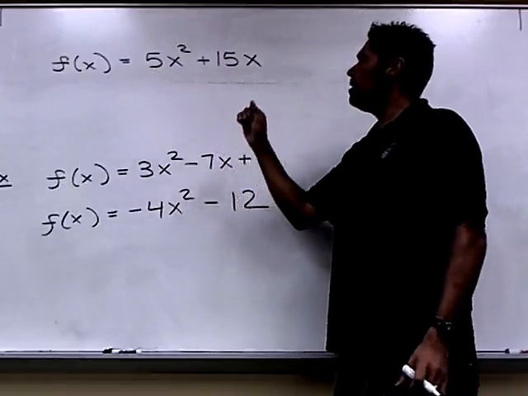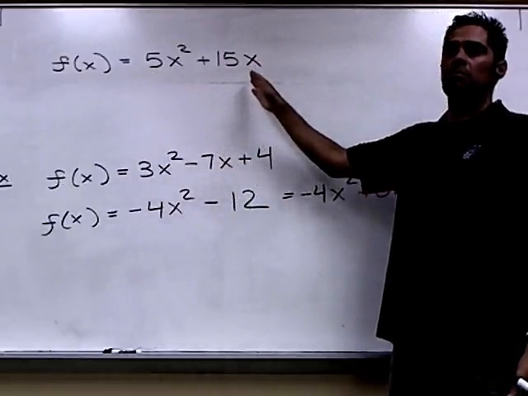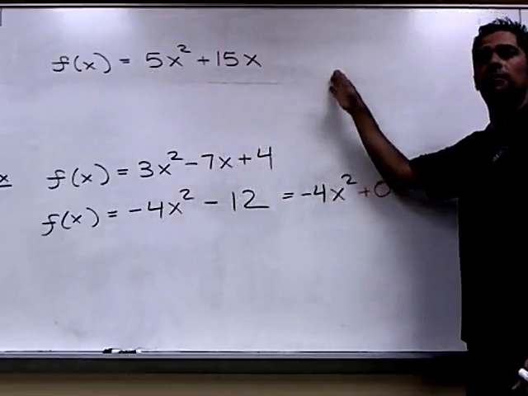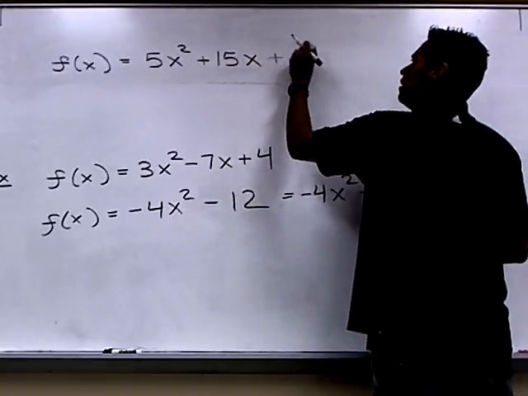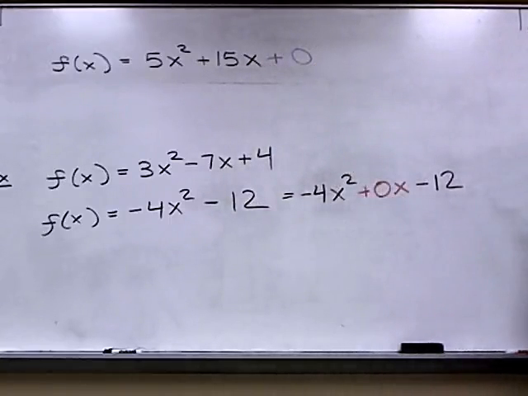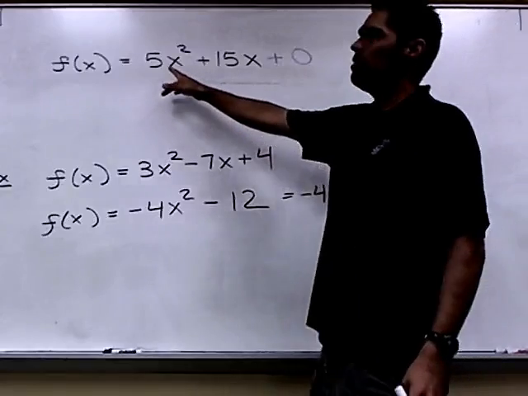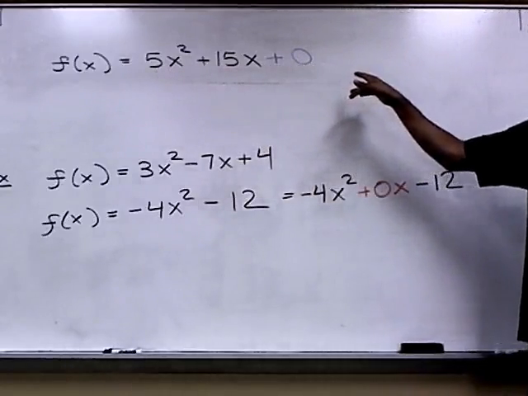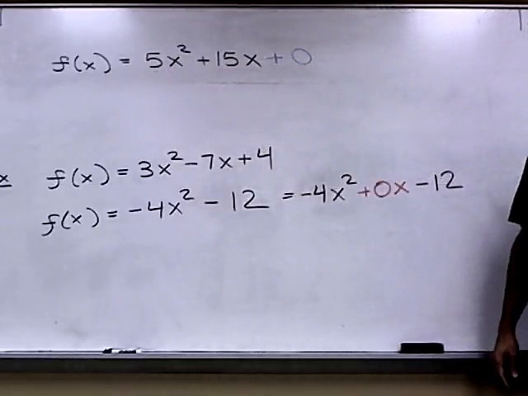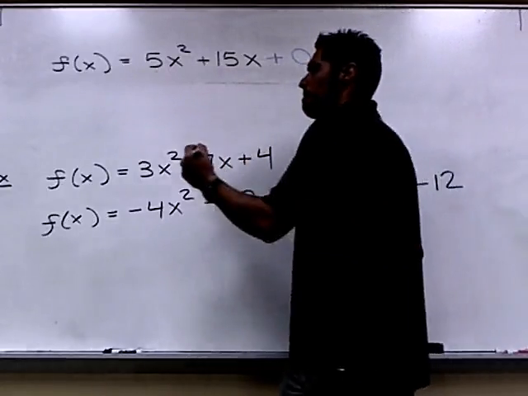Yes? Do you have a number in front of x? Okay. Do you have a number by itself? Yes. 0, right? There's a 0 out there. Now we don't write it, but it's there, right? So we do have an A. A here is 5. We do have a B, it's 15, and we do have a C, which is 0. So that is all quadratic, also quadratic. One more.